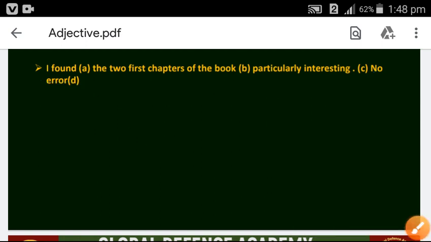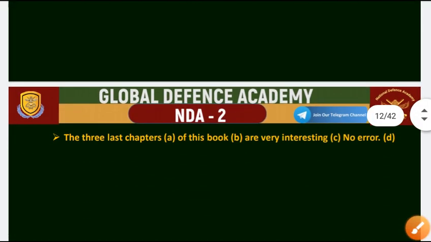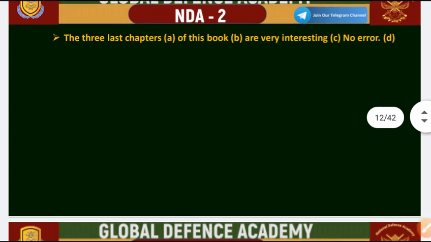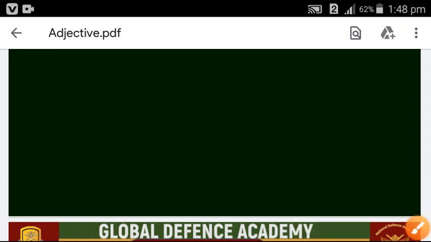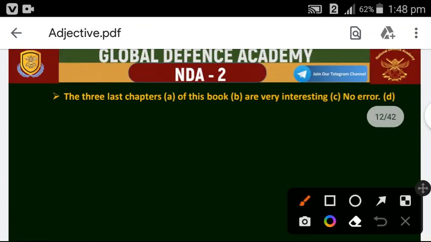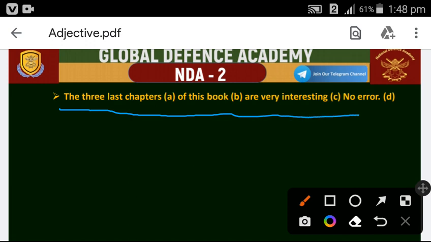Let's go ahead, and this is the third question of the day: The three last chapters of this book are very interesting. This is very similar to the previous question that I discussed.